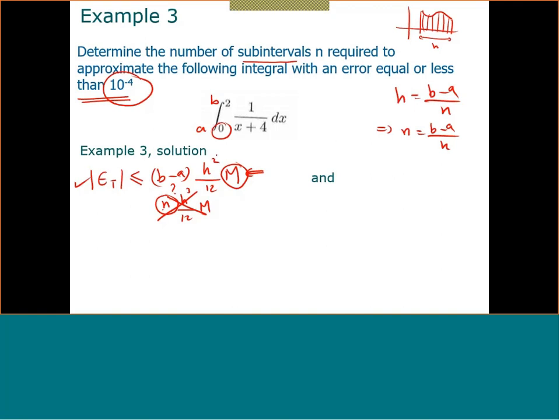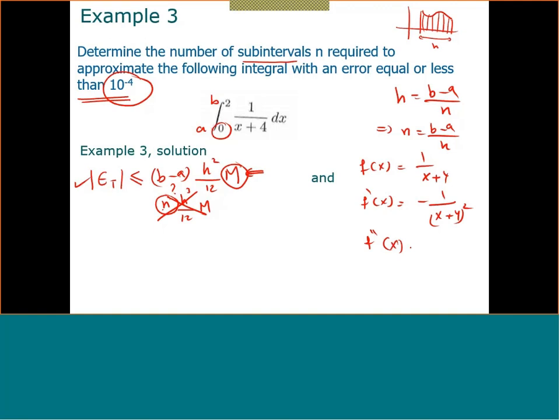Now what is left is M. We said that M is the maximum value of the second derivative. As we know, the function f of x is equal to 1 over (x plus 4). So what is f prime of x? This is equal to minus 1 over (x plus 4) squared. What is f double prime of x?